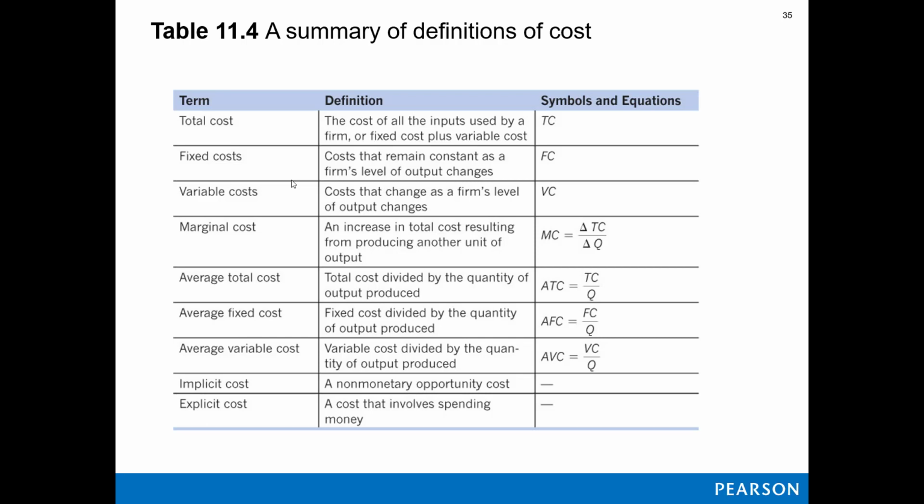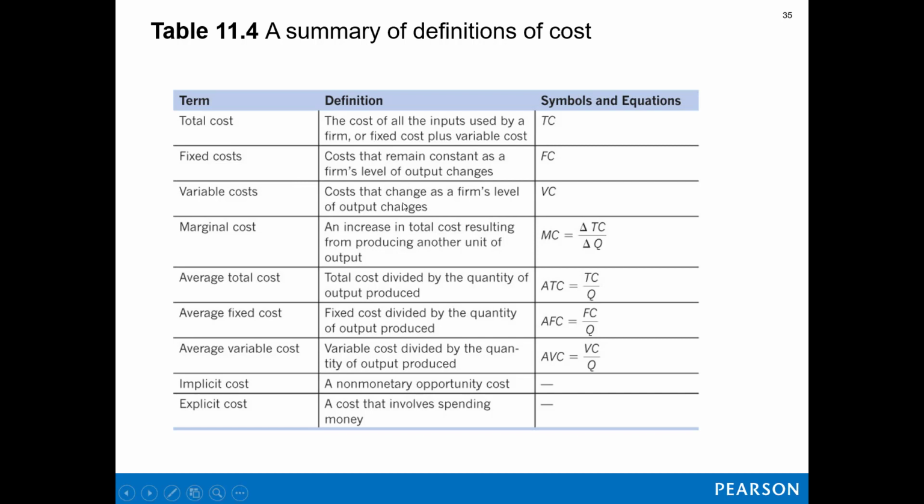MC equals the change in total cost divided by the change in quantity. Average total cost equals total cost divided by the quantity of output produced. Average fixed cost equals fixed cost divided by the quantity produced. And average variable cost equals variable cost divided by the output produced.